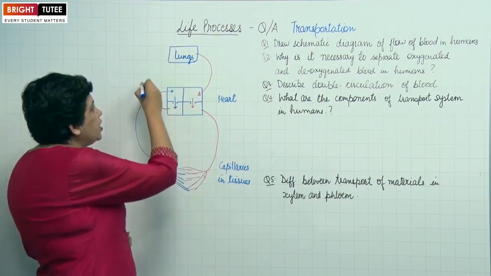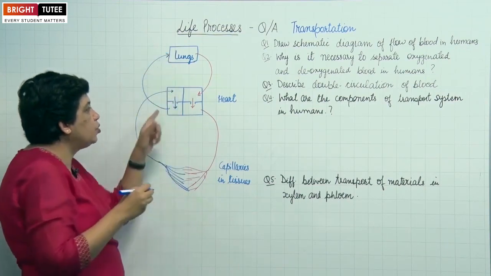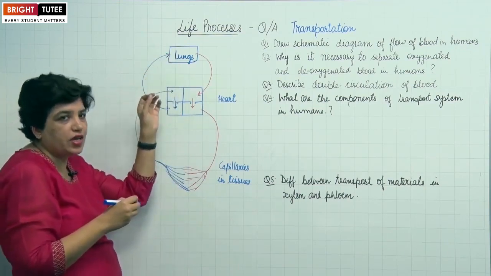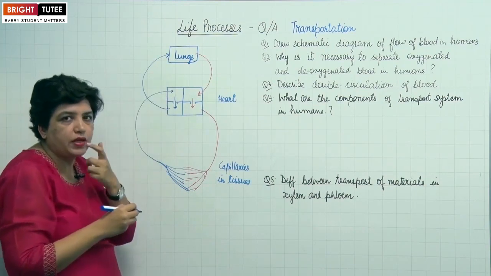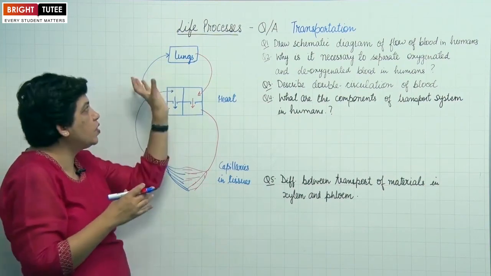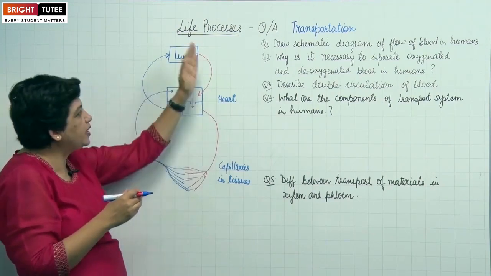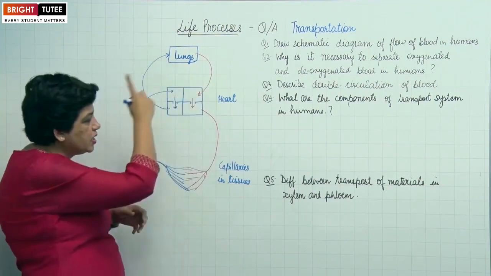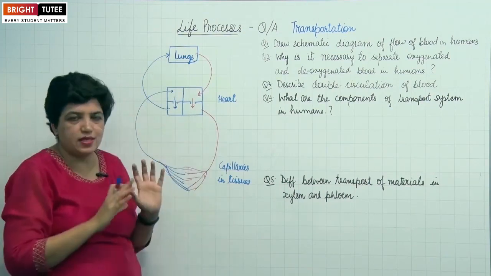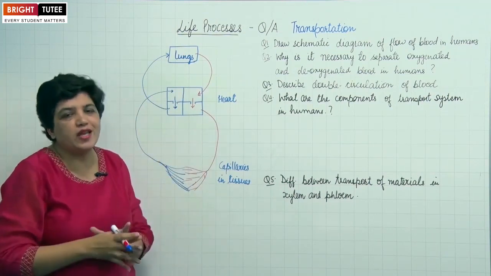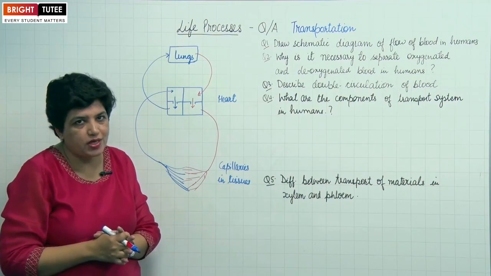From the right ventricle, it goes to the lungs through the pulmonary artery. It supplies deoxygenated blood to the lungs, where carbon dioxide is released, oxygen enters, and the blood again becomes oxygenated. So this is the flow of the blood. This is the schematic diagram which explains the flow of the blood in human bodies.